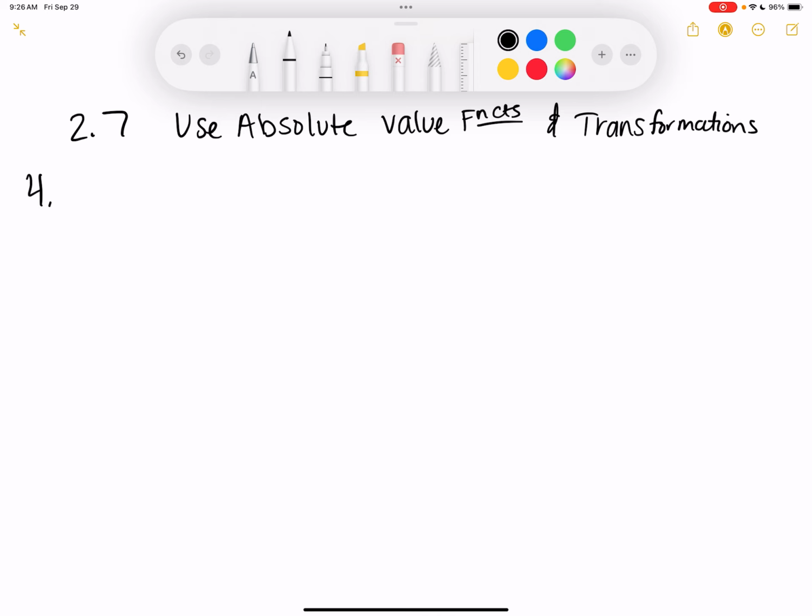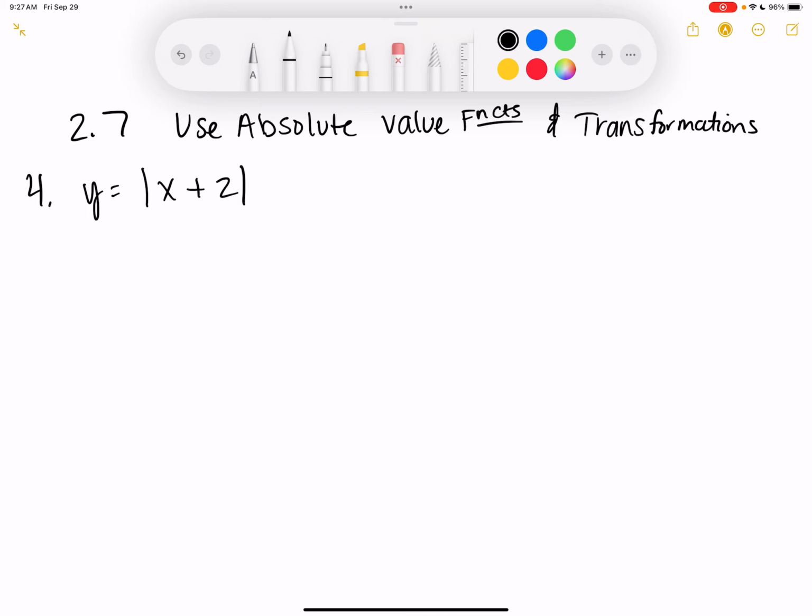So with number 4, y equals the absolute value of x plus 2. The nice thing is once you understand the shifting for these, when we get to parabolas and stuff, the shifting works the same way. Inside the parentheses, or in this case inside the absolute value bars, we go the opposite direction of the sign.